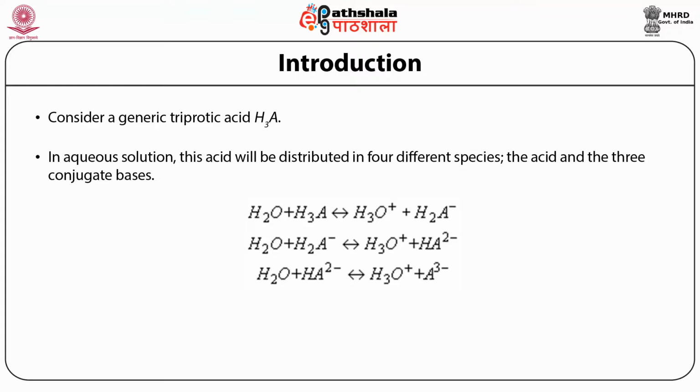So you can see here the acid is 1, as given above. H3A is the acid and it is forming three different conjugate bases. What are the three conjugate bases? These are the H2A minus anion, HA2 minus anion and A3 minus anion.